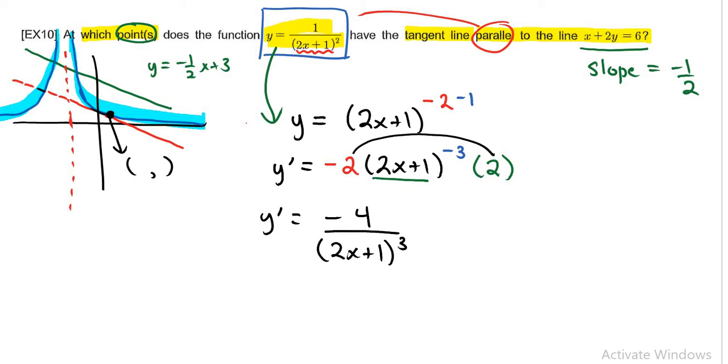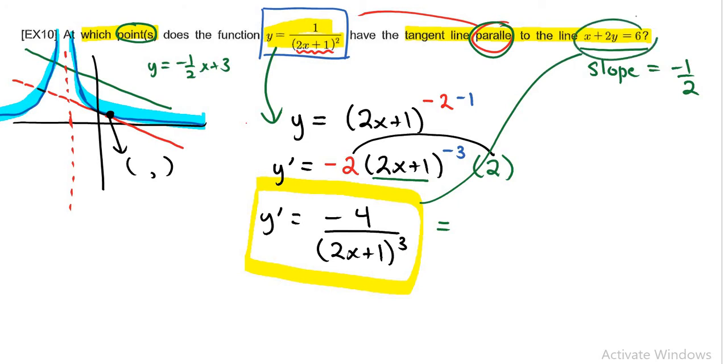And what we're going to do now is, sorry, I'm going to try my best to explain this very slowly here. This is my derivative right here, and I want my derivative to be parallel to this linear line. And if you're parallel, that means the two lines must have the same slope.